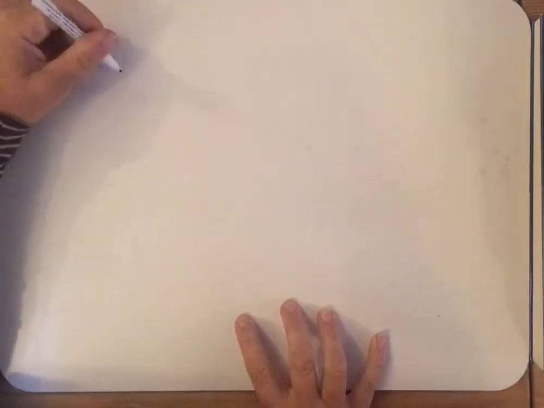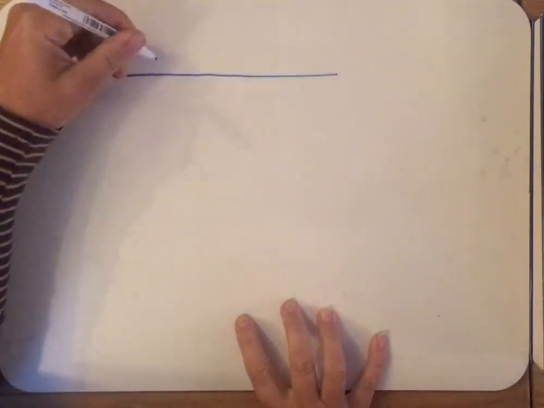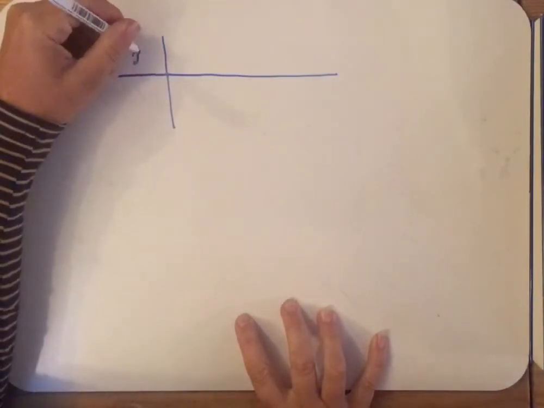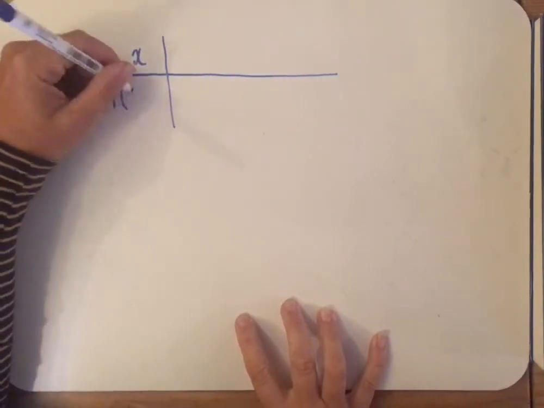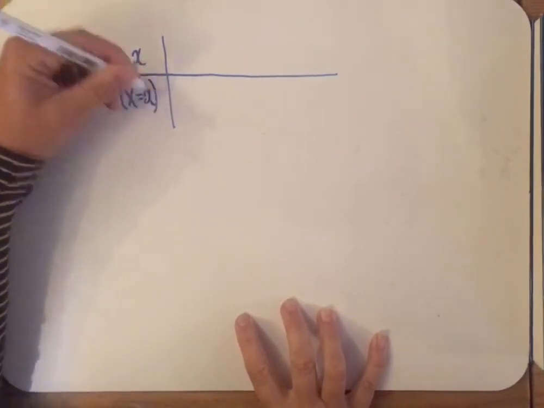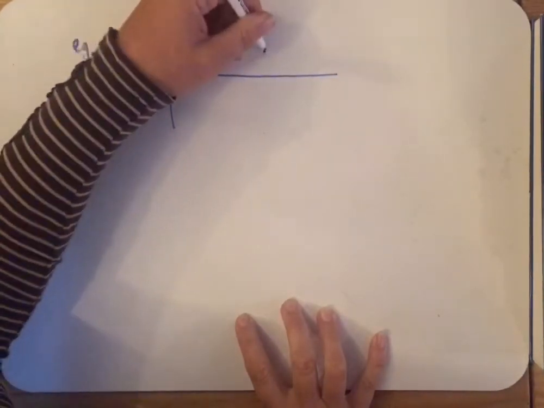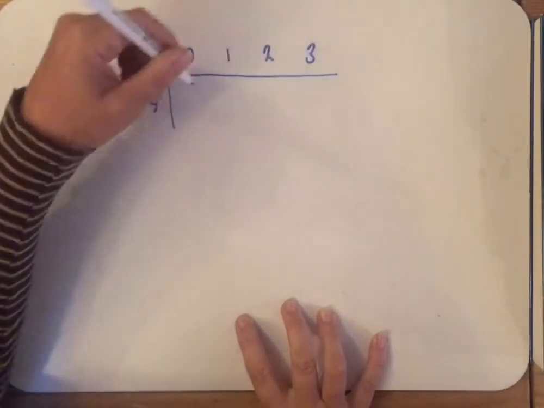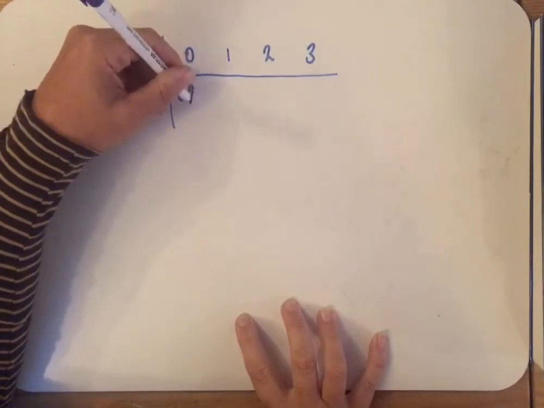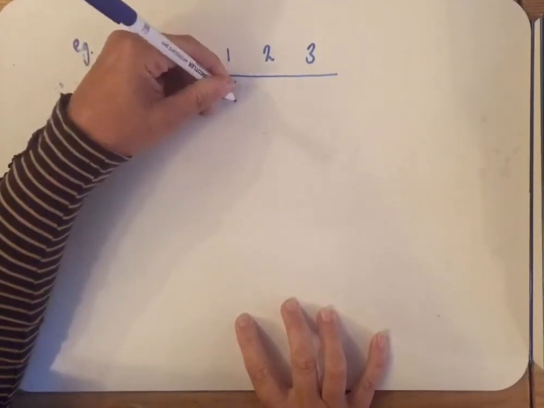For example, x, probability X equals x. So x in this instance is going to take the value 0, 1, 2, 3, and it's a probability distribution. This is how you're used to them looking.